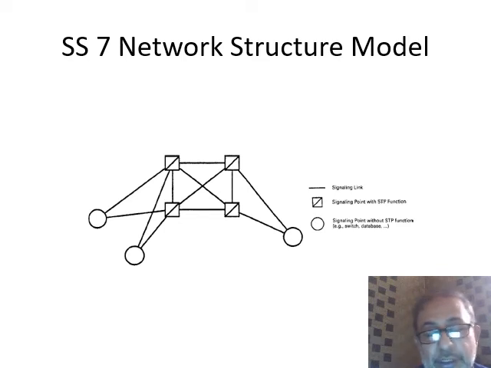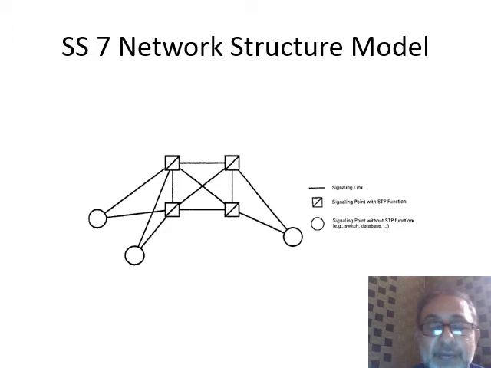Signaling transfer point function is a function just like routers. It means that it can serve as an intermediary signaling point between two different signaling points. So not all the exchanges have signaling points with this particular functionality.